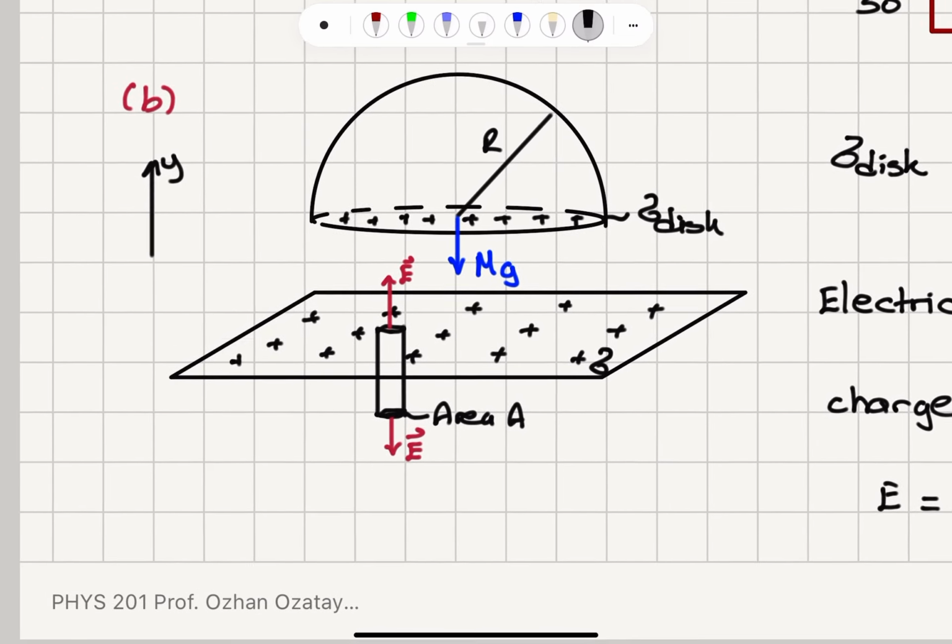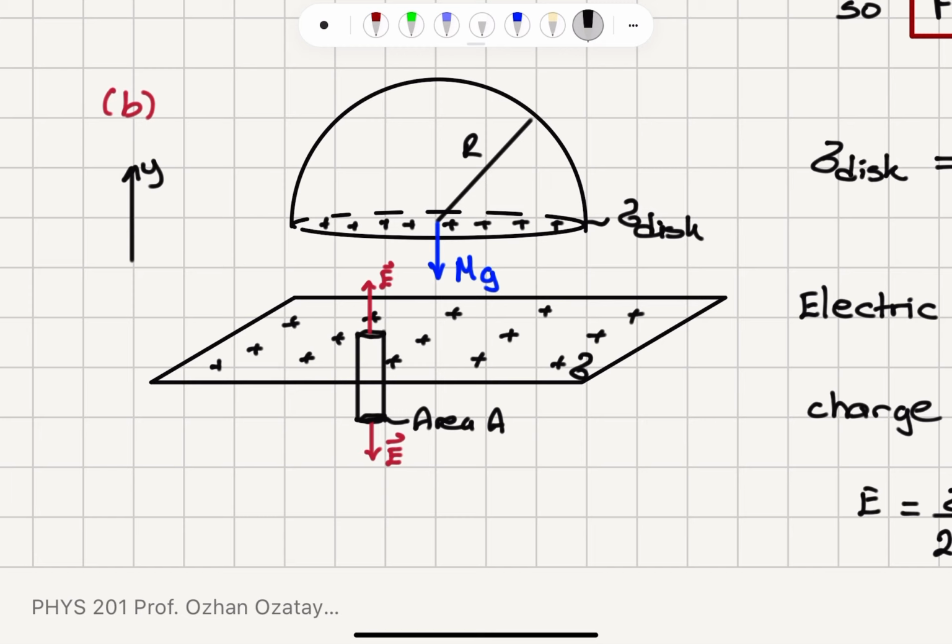So I can write the perpendicular force the flat circular disk will feel will be equal to sigma disk multiplied by the electric flux phi e, which is Q divided by pi capital R squared.